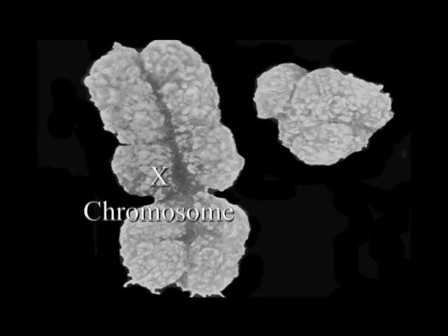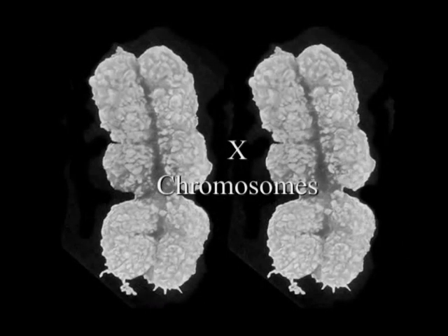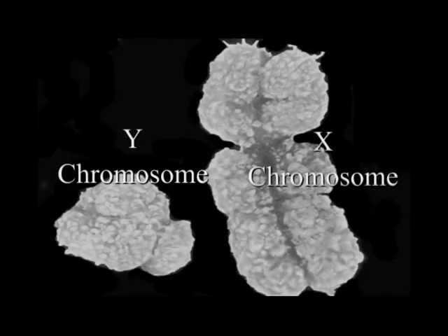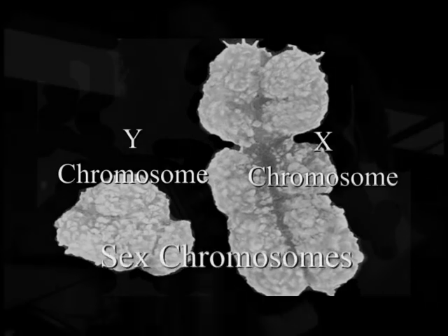But the chromosome with which it was paired, dubbed the Y chromosome, was usually much smaller than the X. Since whether an individual had a pair of X chromosomes or a pair made up of one Y chromosome and one X chromosome determined the sex of the individual, these chromosomes became known as sex chromosomes.